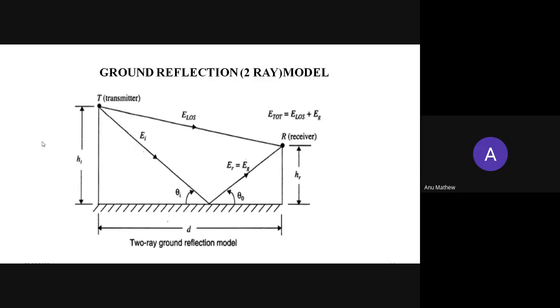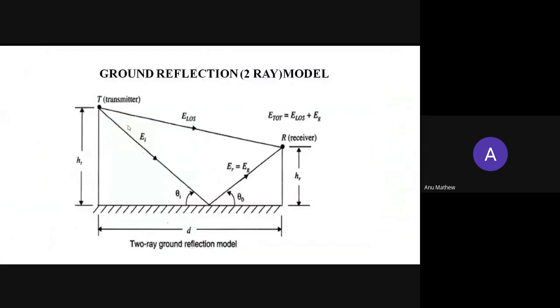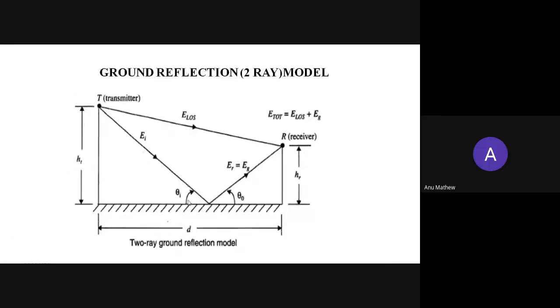According to the laws of reflection, the angle of incidence equals the angle of reflection, that is theta I equal to theta naught.